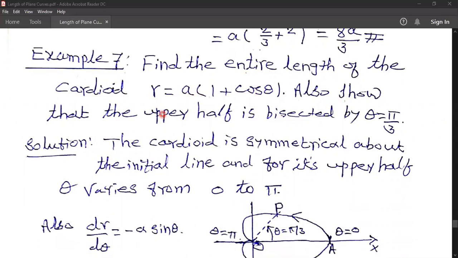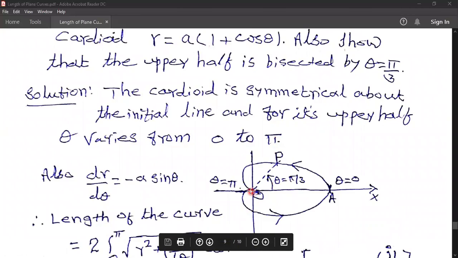The polar curve, the cardioid, is symmetrical about the initial line. For its upper half, theta varies from 0 to pi. At theta is equal to 0, this becomes a point, and this value becomes a.